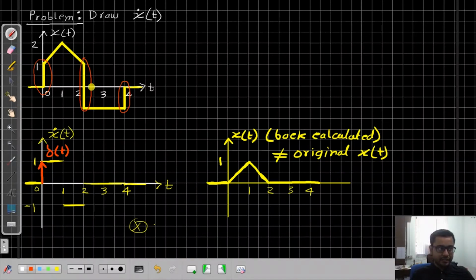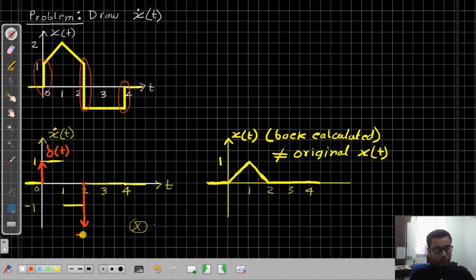So here again I have to add a delta function, but this time the delta function will be negative because it is decreasing. Also the amount of decrease is 2 units from 1 to -1. So therefore I shall draw a delta function with double strength.